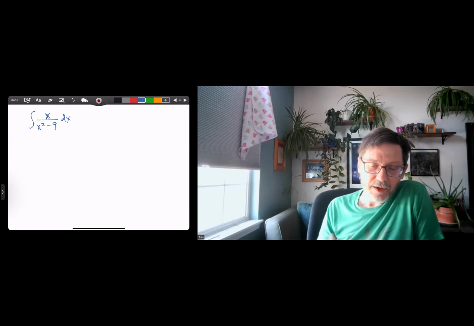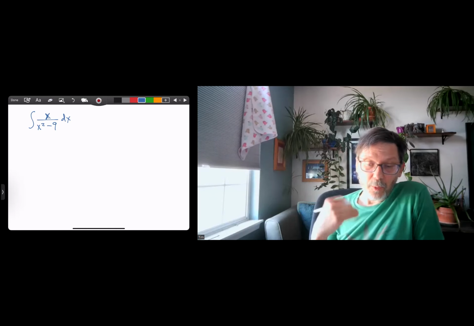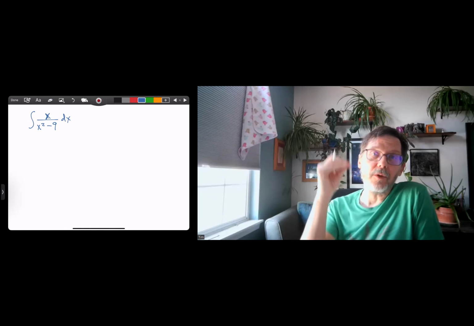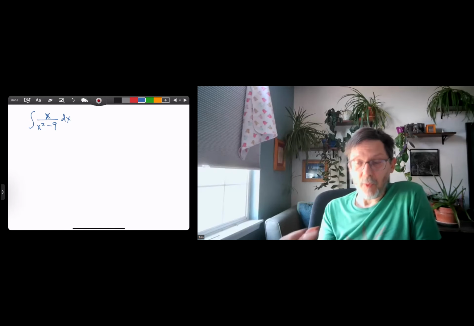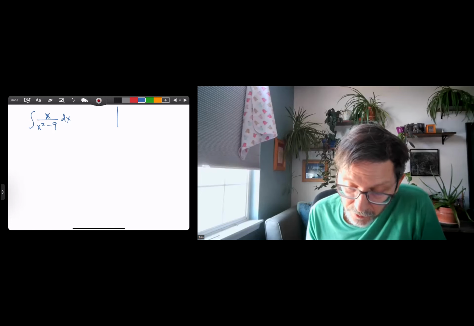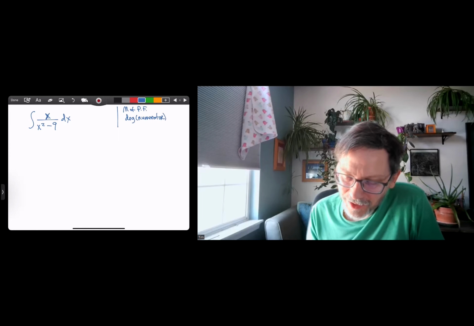So let's just take x. Now, what just changed there? There actually is something to learn. The original problem I had written with the x cubed, the degree of the numerator was greater than the degree of the denominator. So one of the things I want to point out here is that the method of partial fractions only works when the degree of the numerator is strictly less than the degree of the denominator.